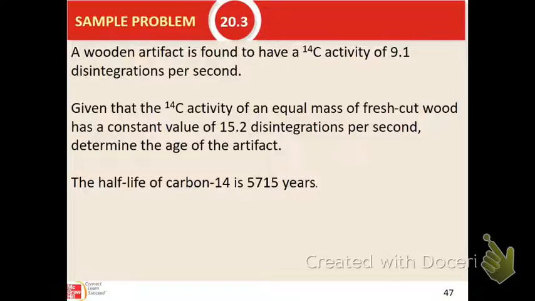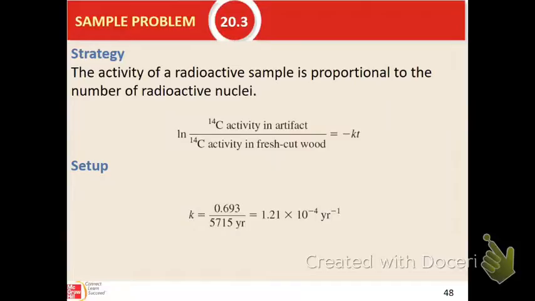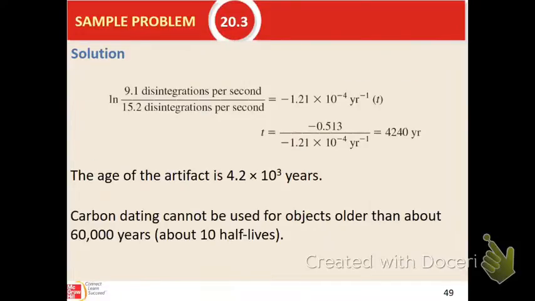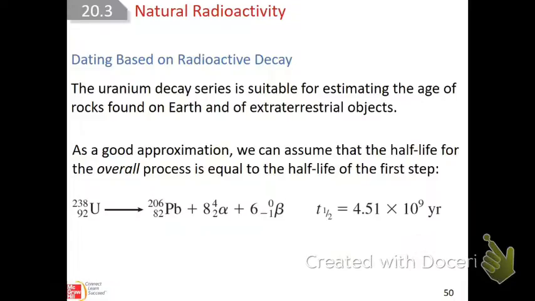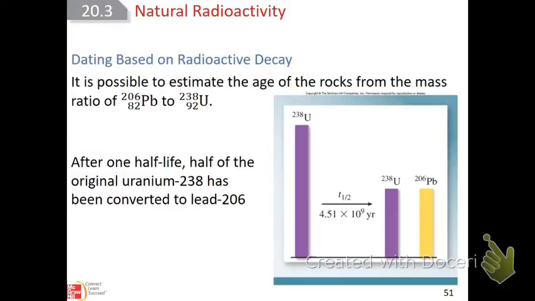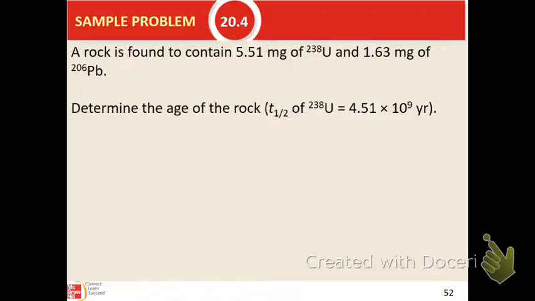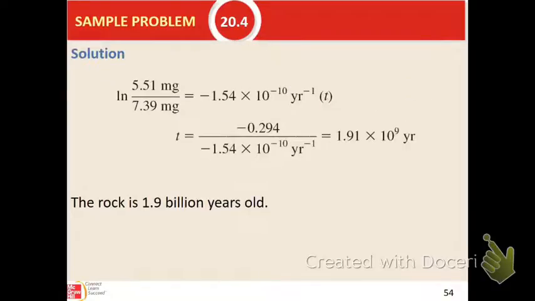But it can show you how to calculate how much you would have left after a certain half-life period of time. I'm not going to ask you to do these. I'll care more that you know about these transmutations right here. These are the ones that I care more that you can do.